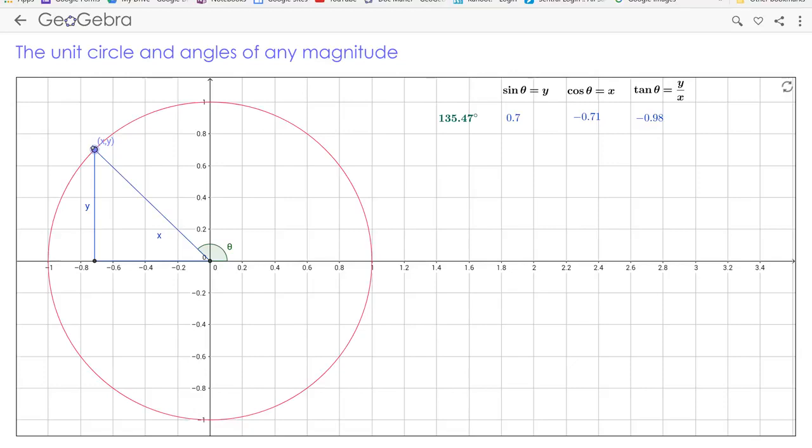And then because tan is the y value divided by the x value, we're dividing a positive by a negative, so we'll get a negative for this as well.